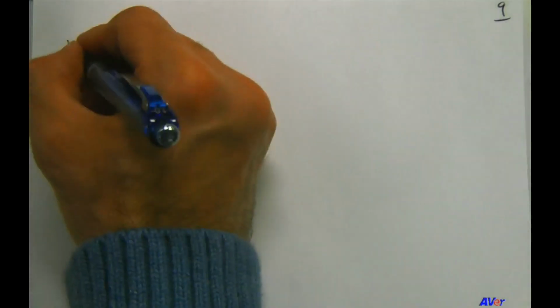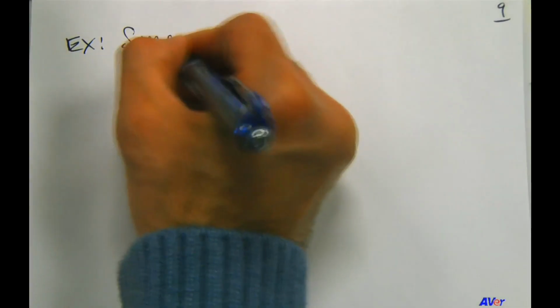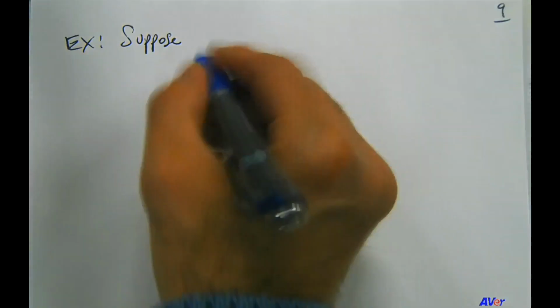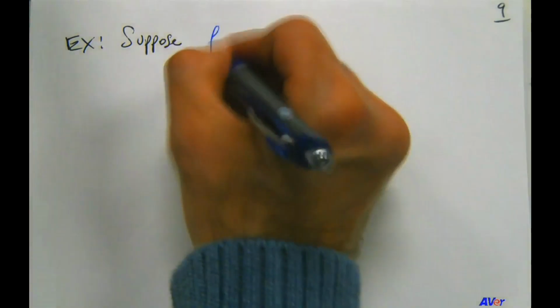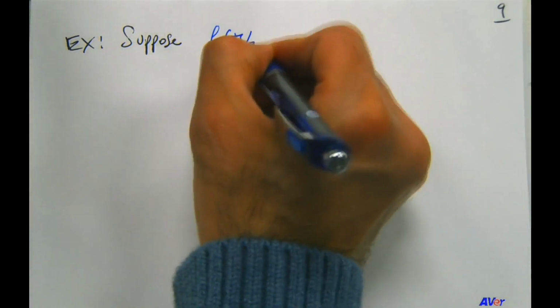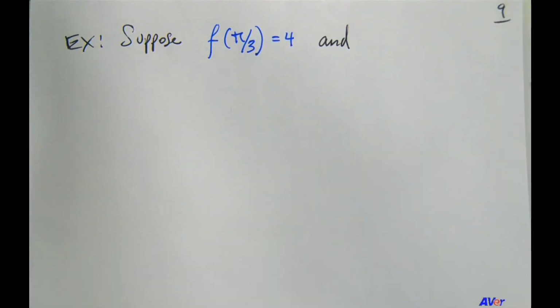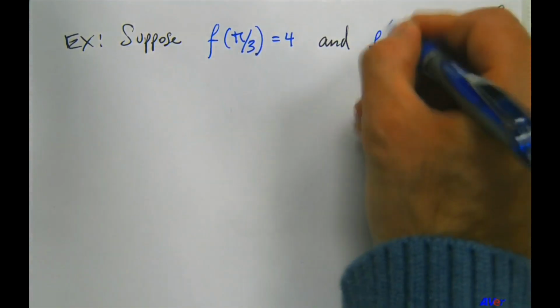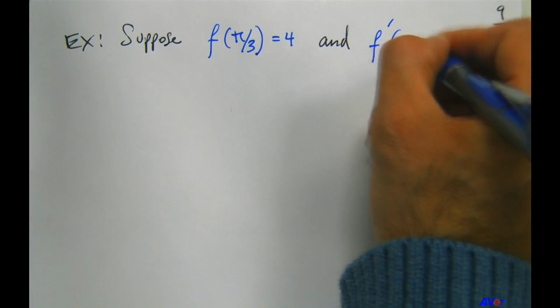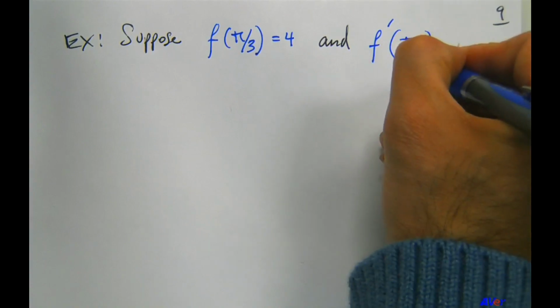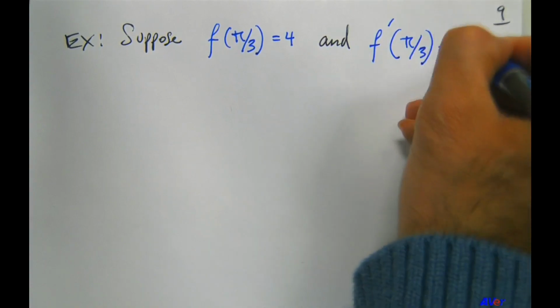So suppose that f of pi over 3 is equal to 4, and f prime of pi over 3 is equal to negative 2.